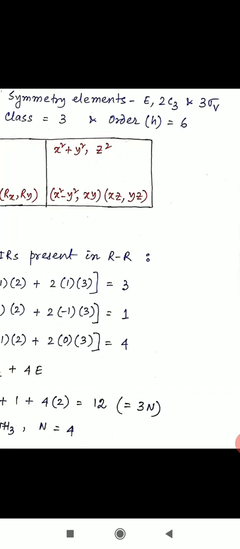The class is the number of symmetry classes, that is 3, but the order is 6, because E is 1, C3 is 2, sigma V is 3. So 1 plus 2 plus 3 is 6. So the class of the C3V point group is 3, but the order, h, is equal to 6.